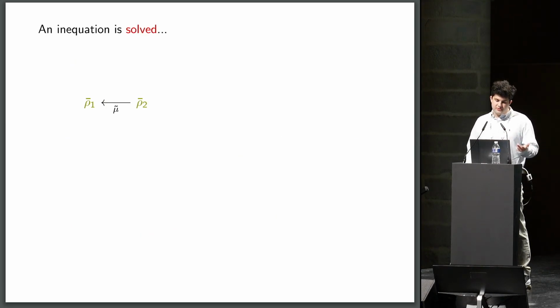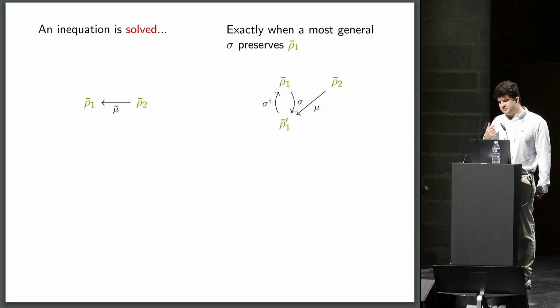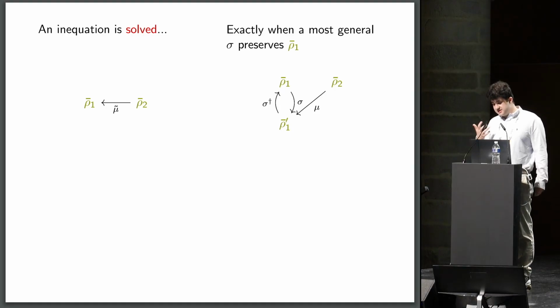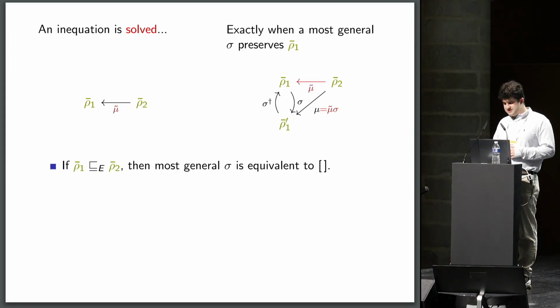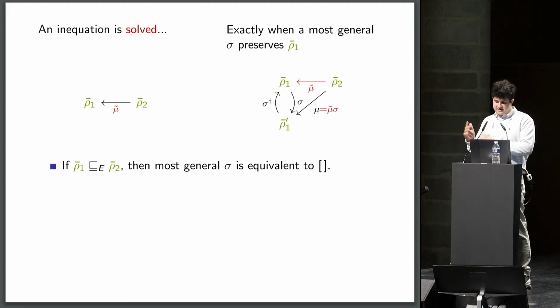An equation is solved, meaning that the semi-unifier is the identity function, so there just exists a match. An inequation is solved exactly when a most general solution to Baz's problem preserves the left-hand side of the system. To see this, if the inequation is solved, all solutions to the semiunification problem are solutions to Baz's problem, so we just say sigma equals identity, and therefore all most general solutions must be equivalent to an identity.